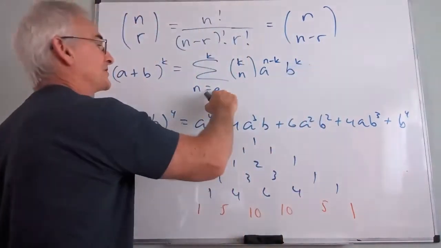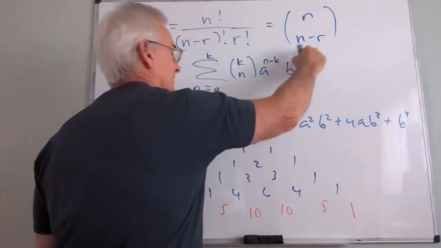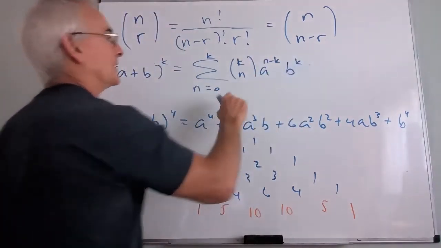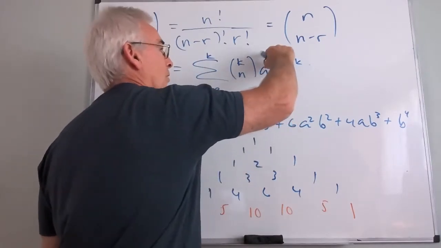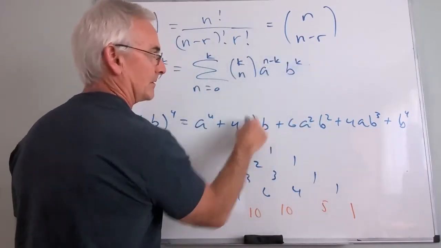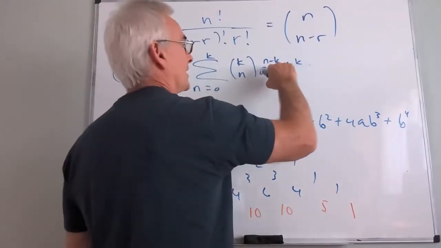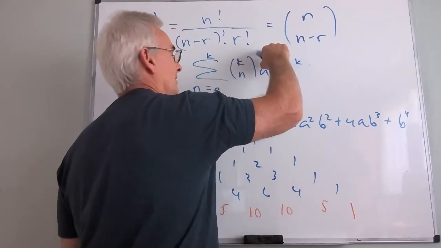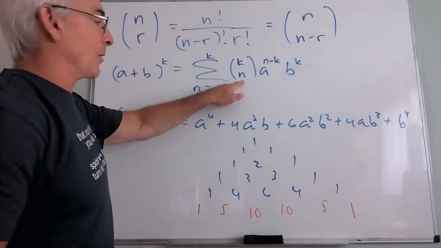So when n is 0, I have my a to the k, b to the 0. When n is 1, I have my a to the k minus 1, b to the first. All the way down to where finally n equals k, then I'd have a to the 0, and then b to the k. And then the coefficients are exactly those guys.